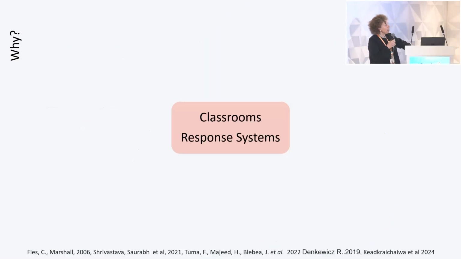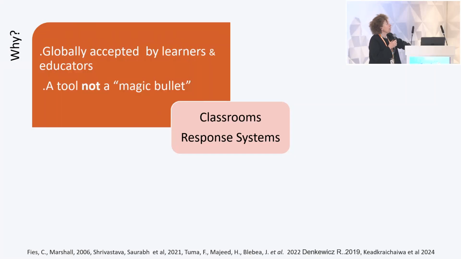When we think about classroom or audience response systems, the evidence shows that they are globally accepted by learners and educators, but a word of caution: it is a tool, not a magic bullet. Interactivity is not a Pandora's box, but something that educators and teachers can use.